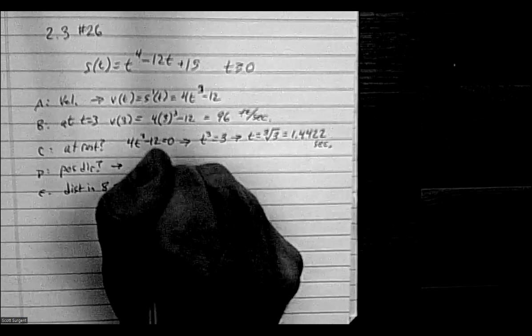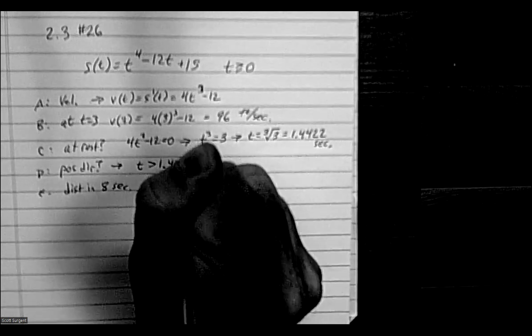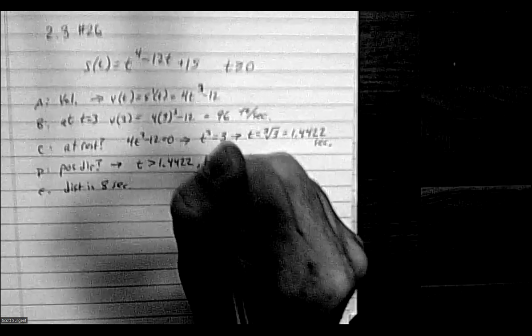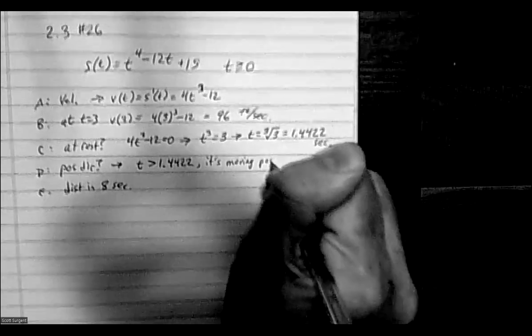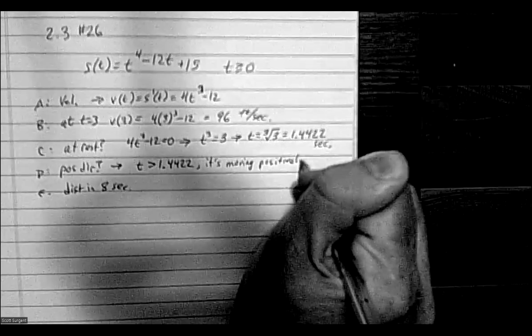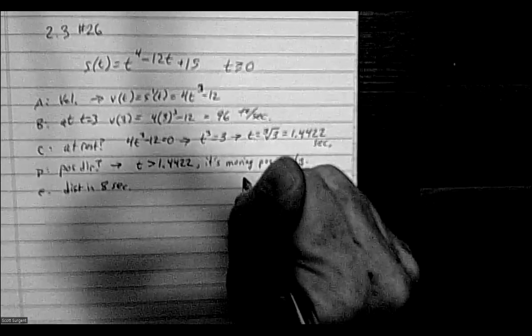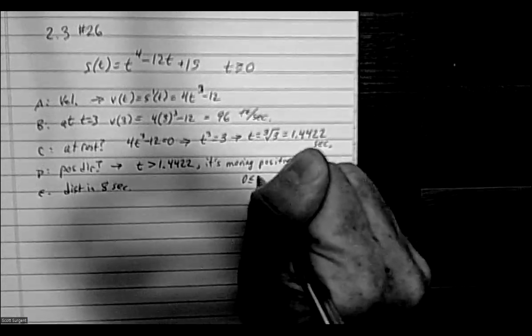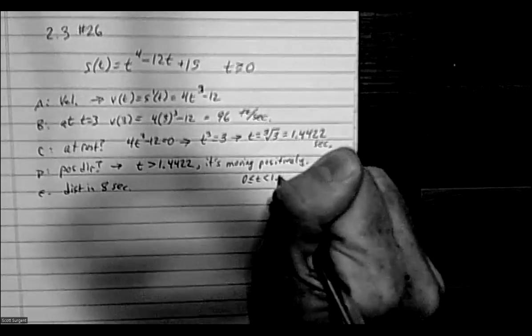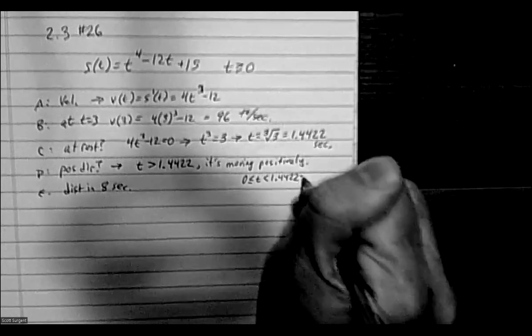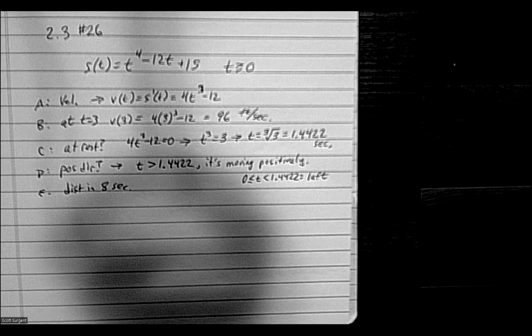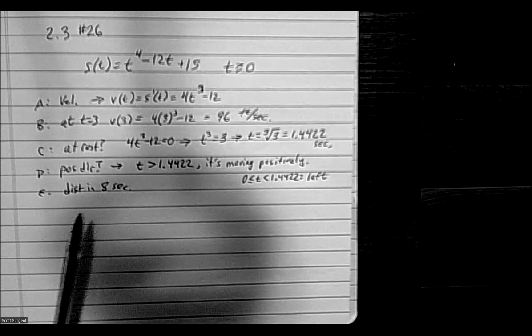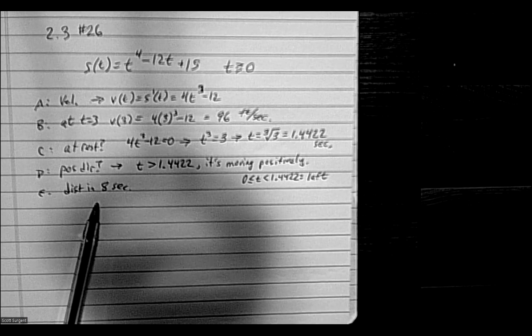For all t greater than 1.4422, it's moving positively, or to the right. Between 0 and 1.4422, it's moving to the left, or negatively, we would say. So this brings us to this question right here: what's the distance after 8 seconds?